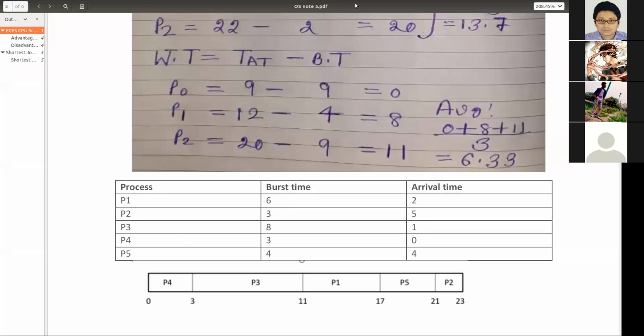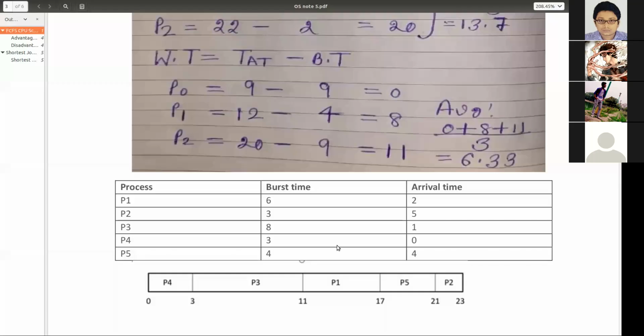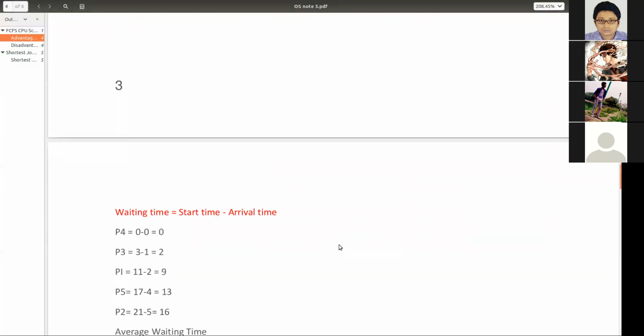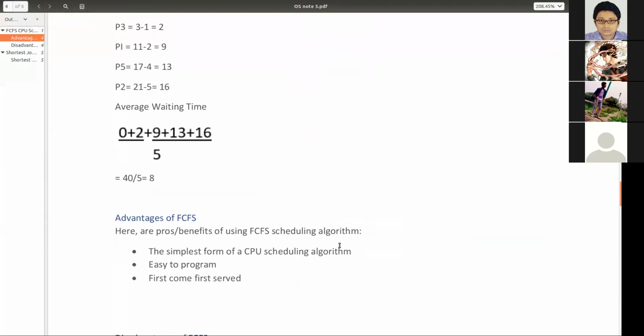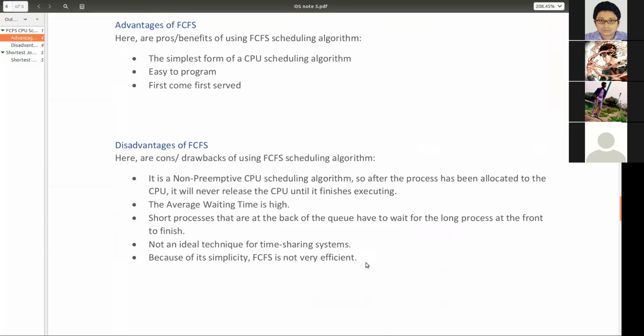Now, FCFS has some advantages and some disadvantages. In the last class I also told you that the biggest disadvantage of FCFS is that it gives you the convoy effect.